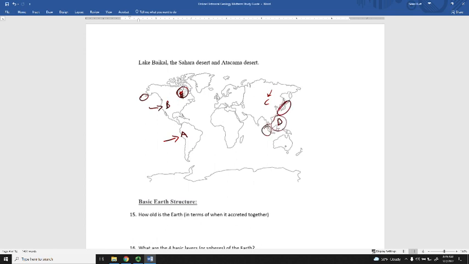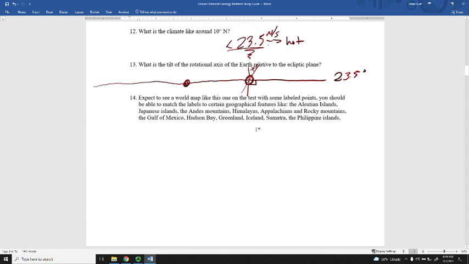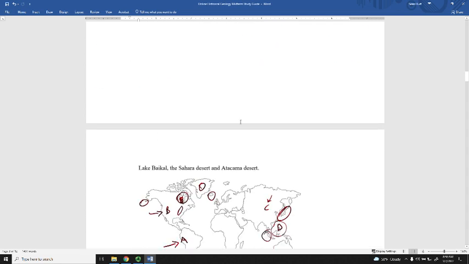There's Sumatra. Lake Baikal, like I said, is right there. The Andes are right there. The Appalachians are right here. Greenland is right here. Iceland is right there. The Himalayas are right at the northern edge of India, right there.